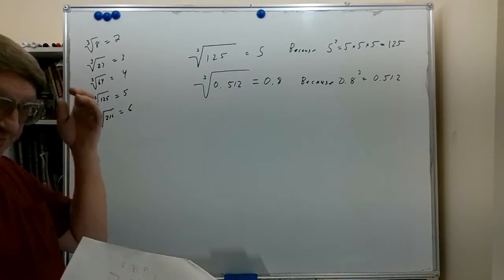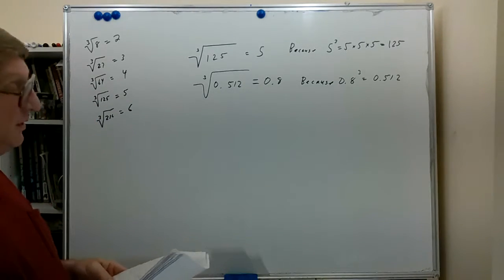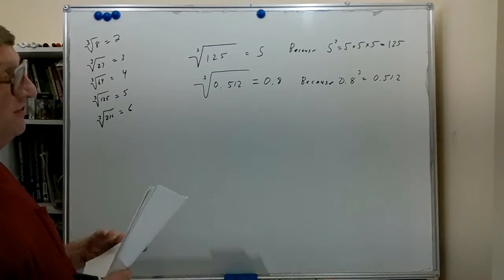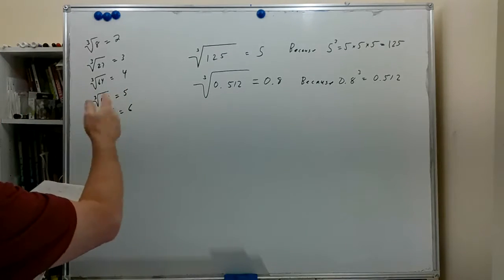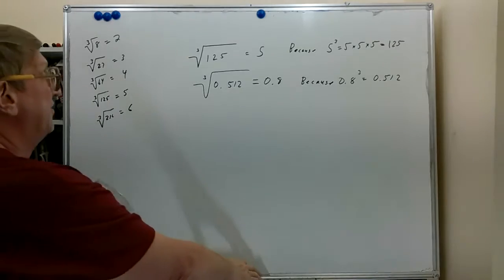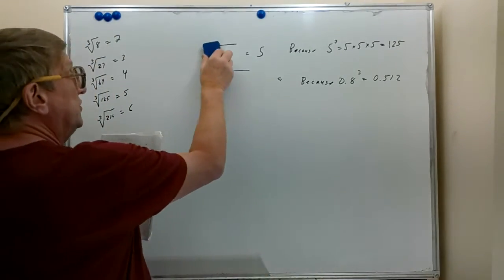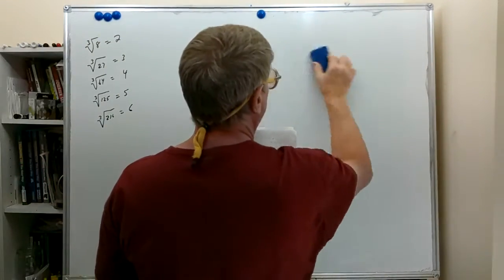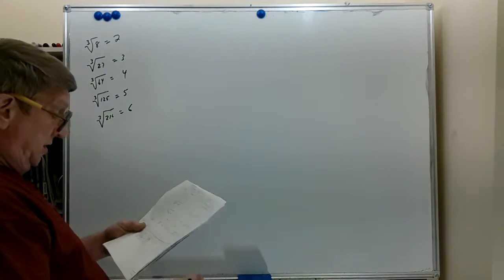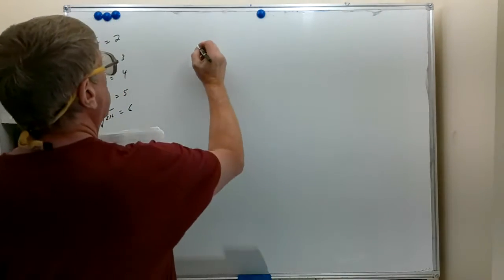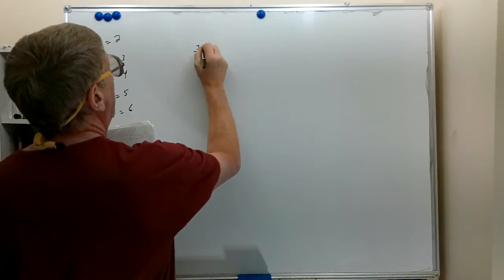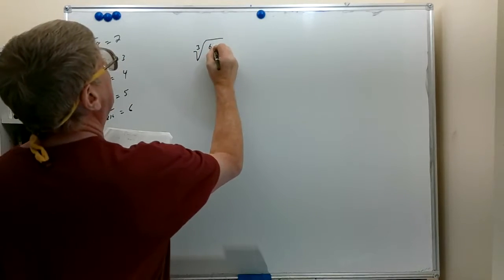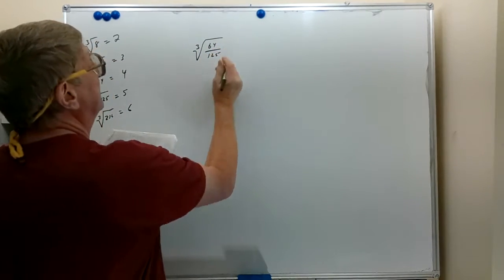And that is probably becoming fairly obvious to you by now. We're going to do a few examples here, so we'll start with the cube root of 64 over 125.